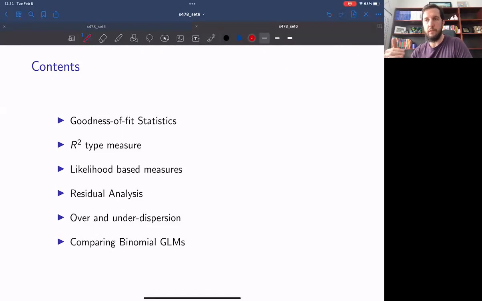Okay, and we'll talk about methods for dealing with this. And then we'll discuss how we can use all of these statistics, the residuals aside, to compare the different binomial GLMs on the same data set and what we can take away from a comparison of those values.